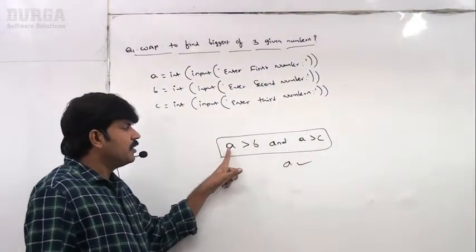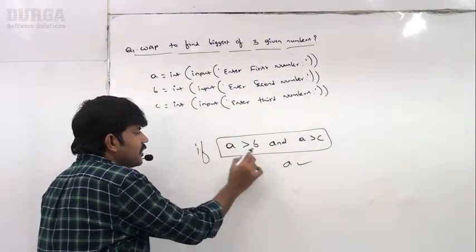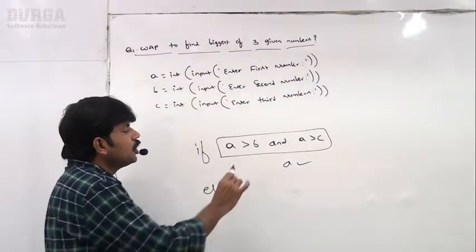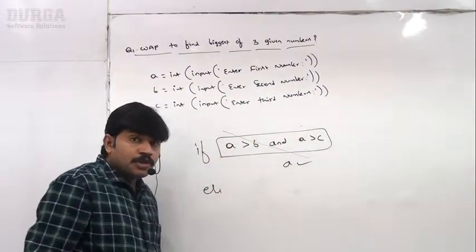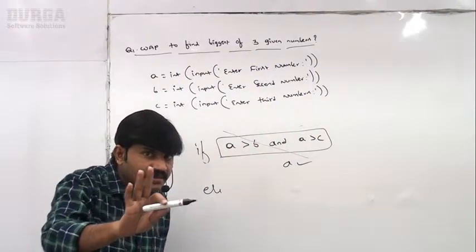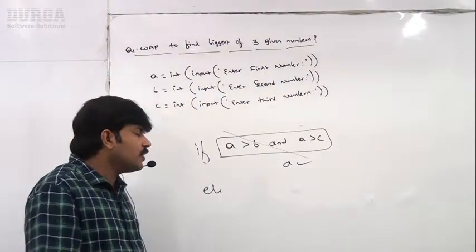Correct. If both a is greater than b and a is greater than c, then automatically this is the biggest number, right? Else means if this condition is not satisfied, a is clearly not the biggest number. Then which is the biggest number? Either b or c. How to decide, sir?